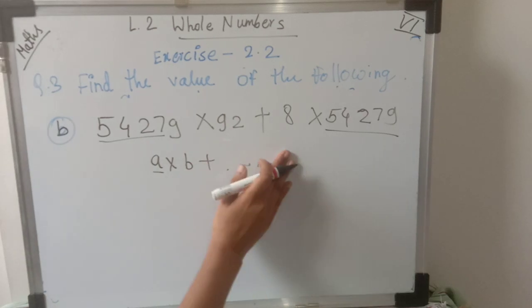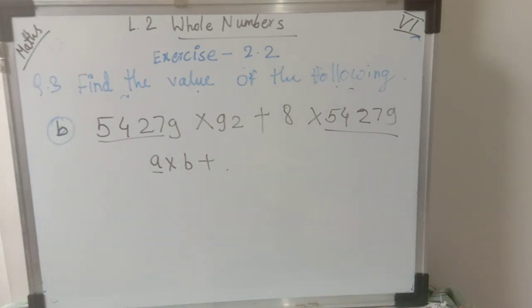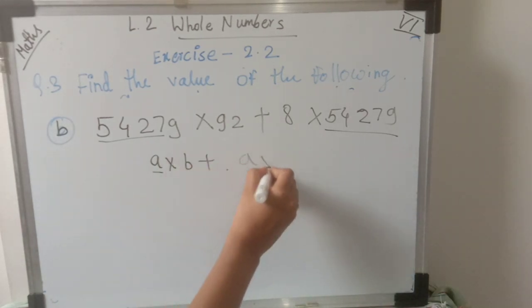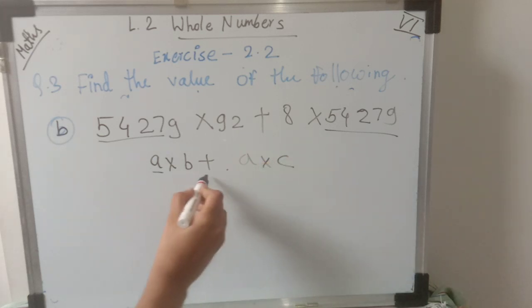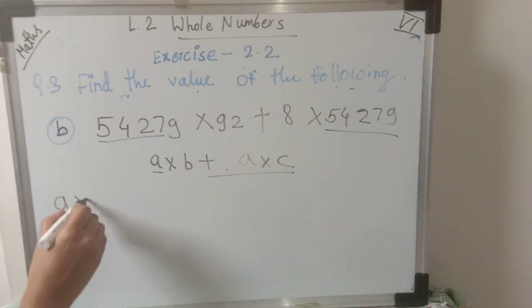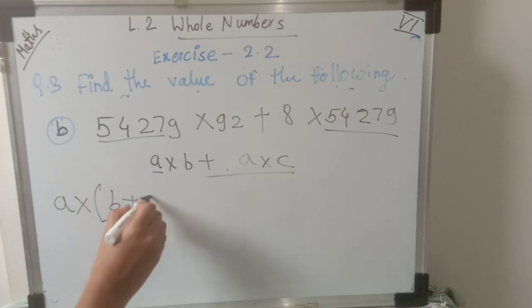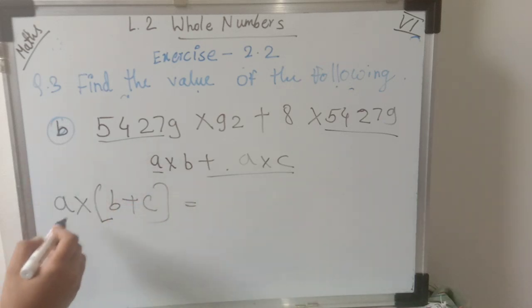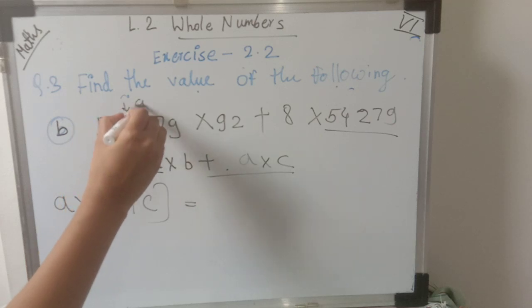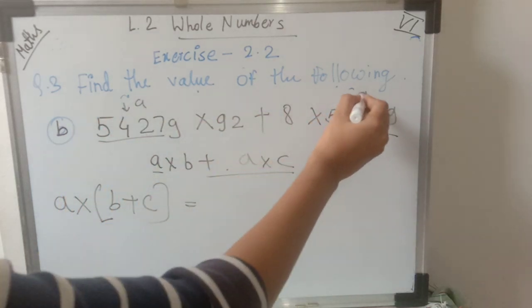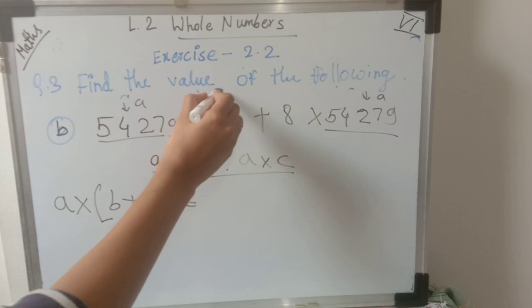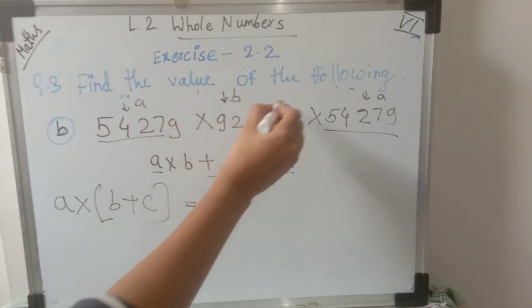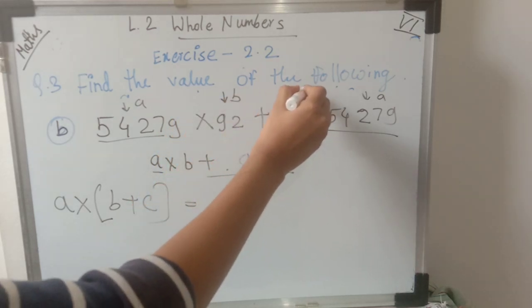Okay. When the example is in this form, we have to convert it into A multiplied by, in brackets, B plus C. So what is A over here? That is 54,279. This is A, B is 92, C is 8.